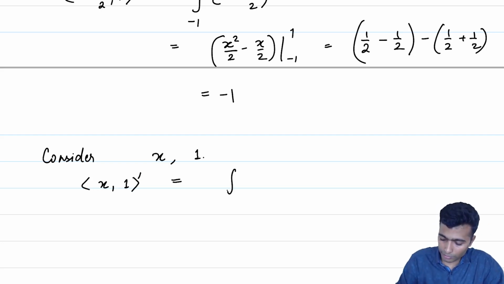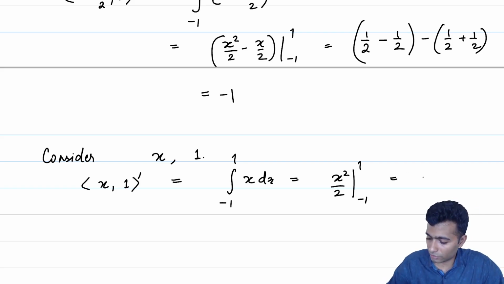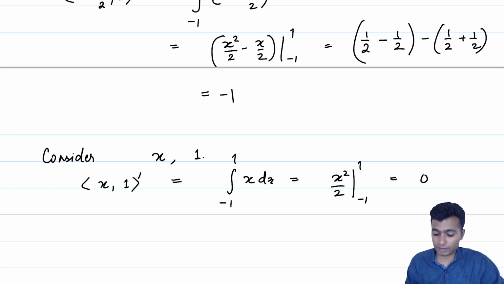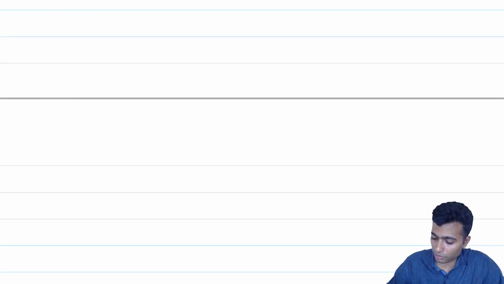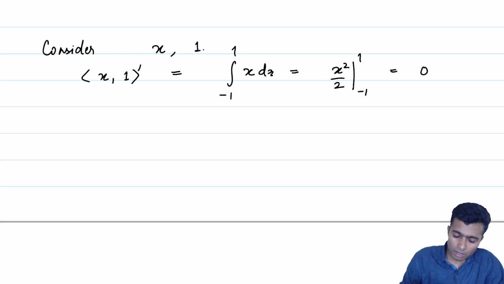This is the integral from minus 1 to 1 of x dx, which is equal to x square by 2 evaluated from minus 1 to 1. That's a definite integral which is just going to be 0. So yes, x and 1 are orthogonal to each other with respect to the second inner product.